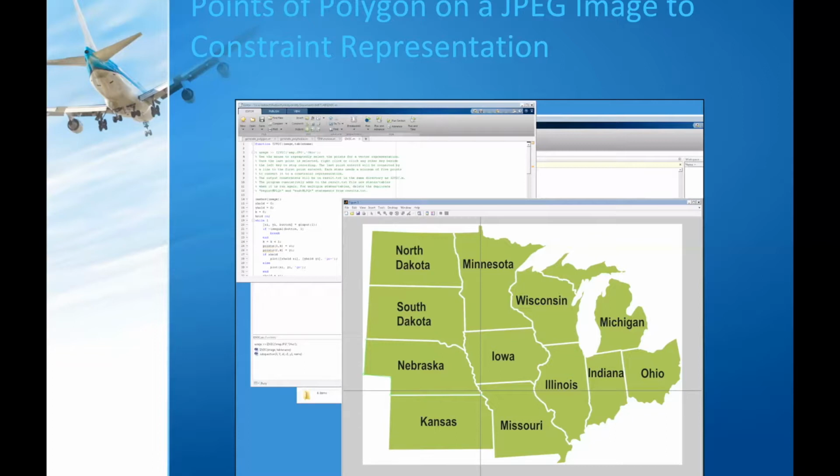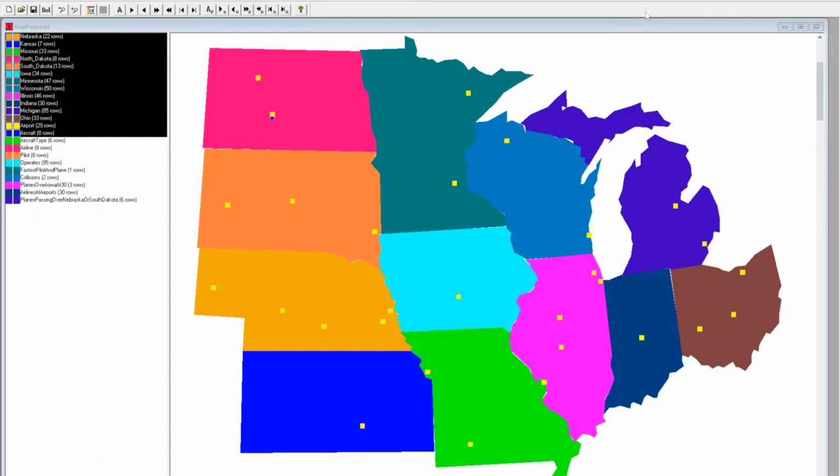As you can see, Nebraska has some points already drawn on it, and it is about to get another point when this screenshot was taken.